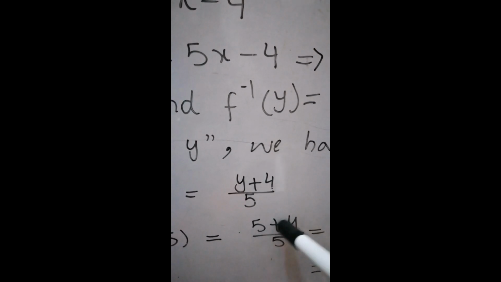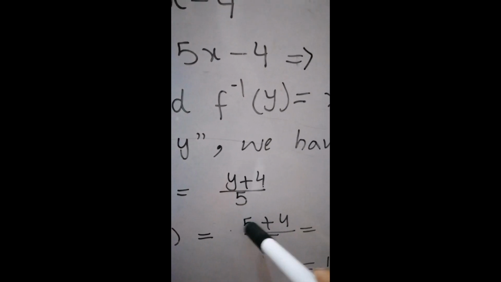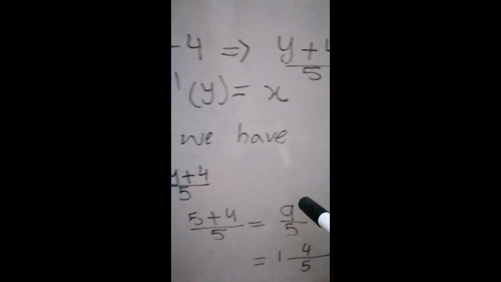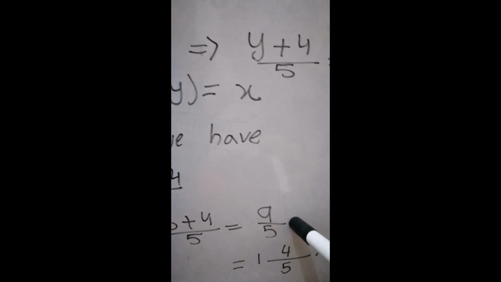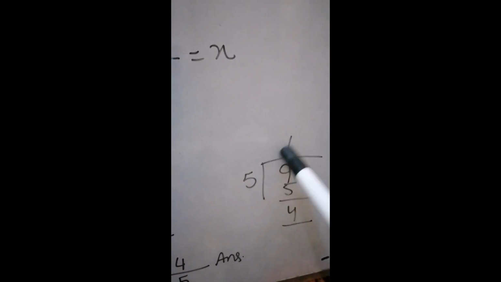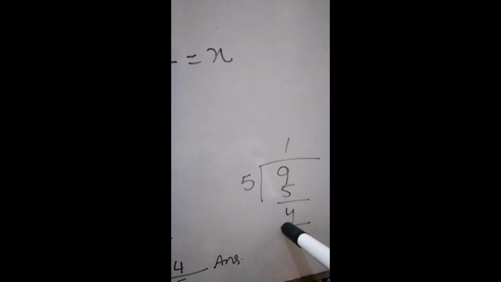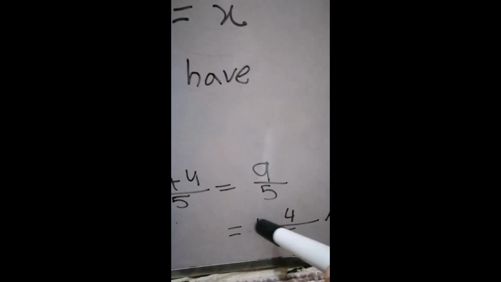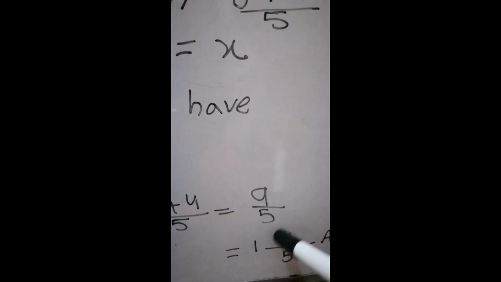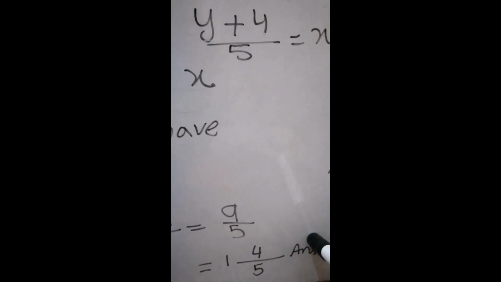Simply putting 5 plus 4 over 5, you will get 5 plus 4 becomes 9, 9 by 5. And here we will do the simple division. Similarly, I have done over here 5 ones are 5 and 9 minus 5 gives 4. We will write the answer as a mixed number, 1 whole 4 by 5.